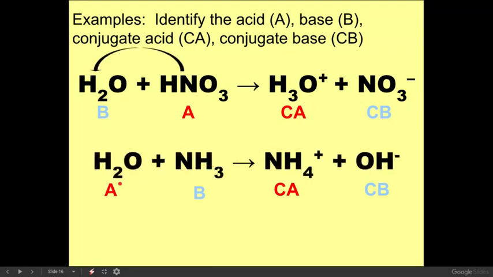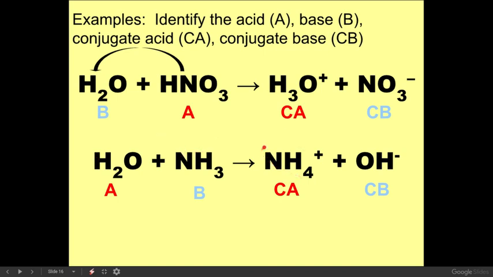Okay, again here, this is the acid. This one's different than the top one. So now water is the acid in this case. The NH3 here is the base. This hydrogen will end up onto this molecule.